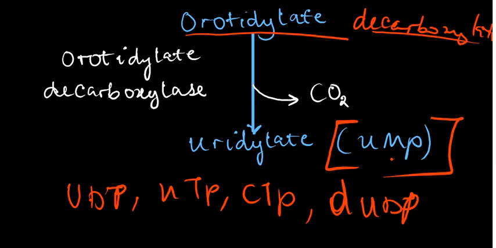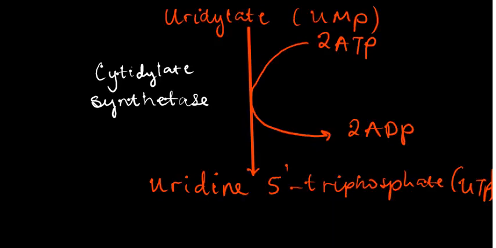Alright, so this is simply what happens. The next thing that we'll talk about is formation of UTP from UMP. UMP gets phosphorylated, like you can see. A phosphate group is ripped off the ATP and added onto uridylate.